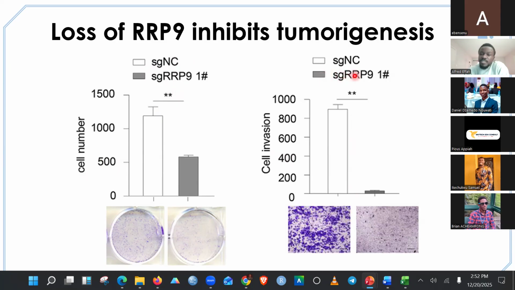You see that when you delete RRP9, they don't have enough ability to infiltrate the tissues surrounding them. But when RRP9 is present, they have the ability to infiltrate other tissues. That is cell invasion. So when you have RRP9 present, it supports tumor growth and also cell invasion. But when you delete it, it does not.